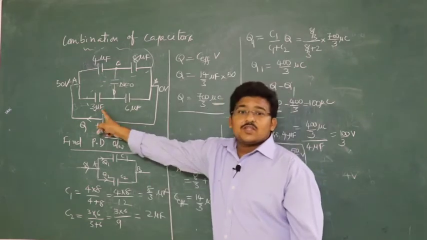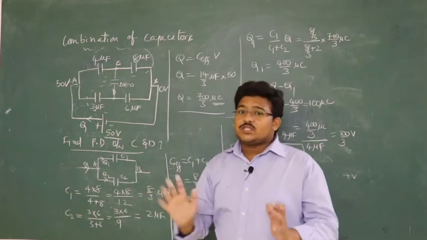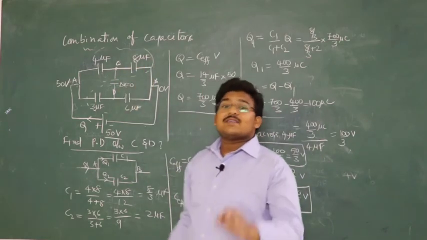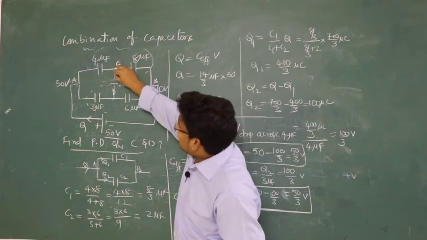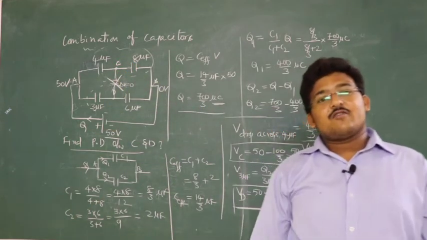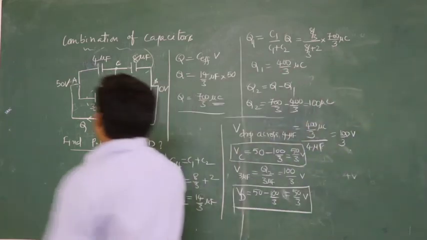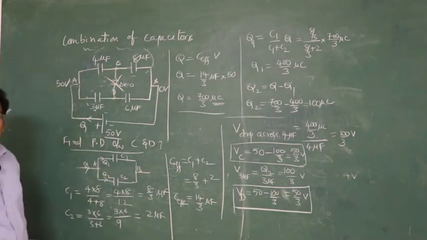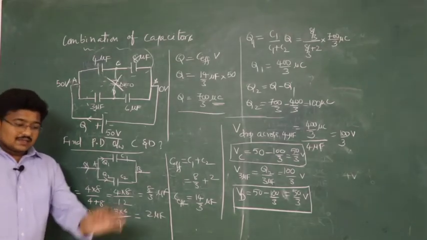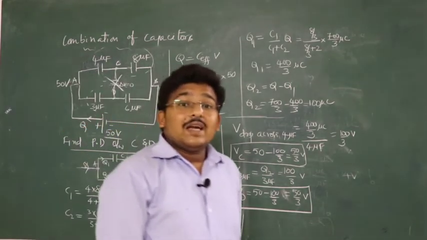And the ratio of these two, 3:6, means 1:2. If the ratios of the above and below are the same, and I connect any capacitor here, this capacitor will not work. Why? Because at C and D, the potentials are the same. This concept is called Wheatstone bridge.